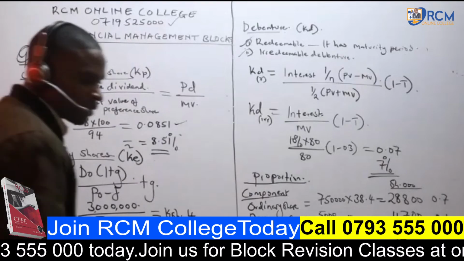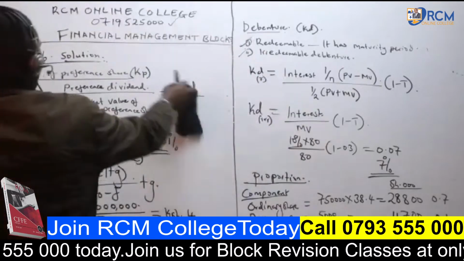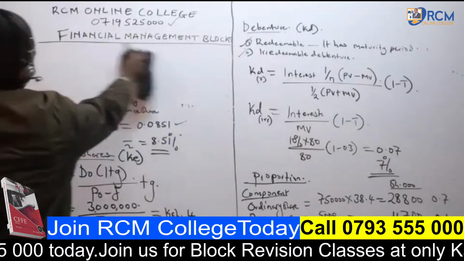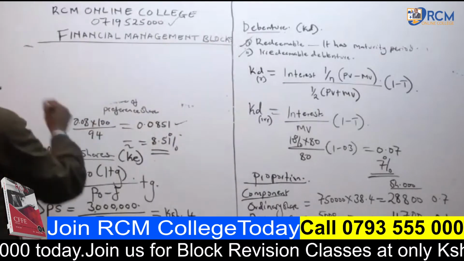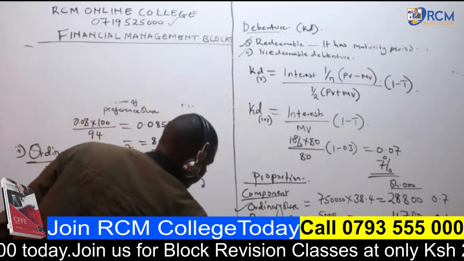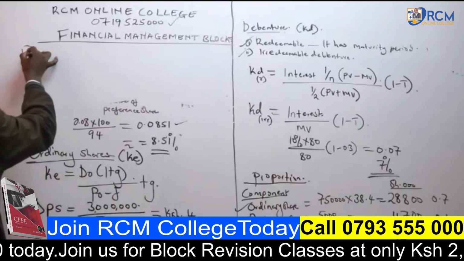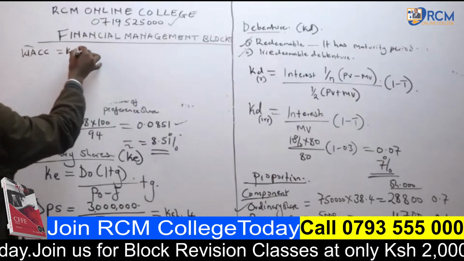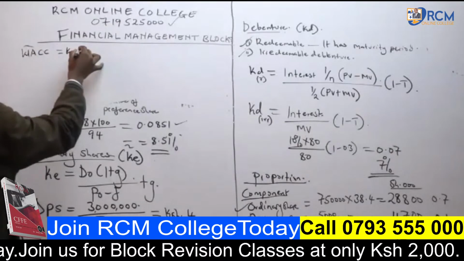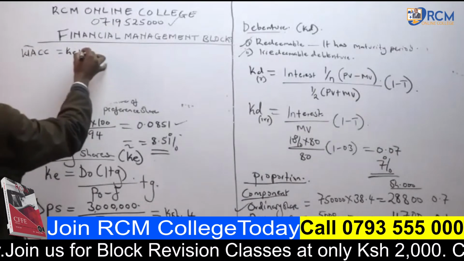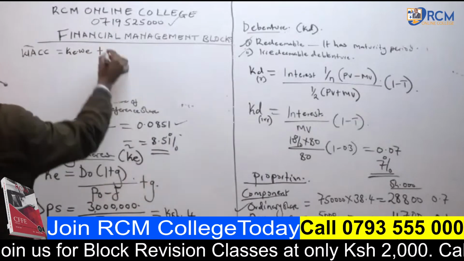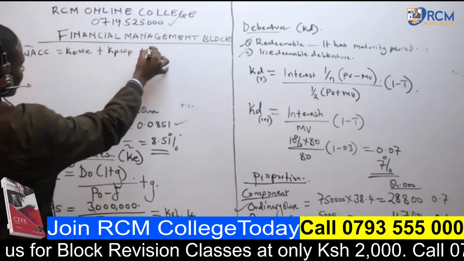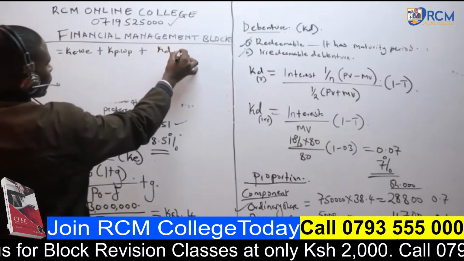To get the weighted average cost of capital, I'll go in this order. Weighted average cost of capital is equal to cost of equity times weight of equity, plus cost of preference share times weight of preference share, plus cost of debt times weight of debt.